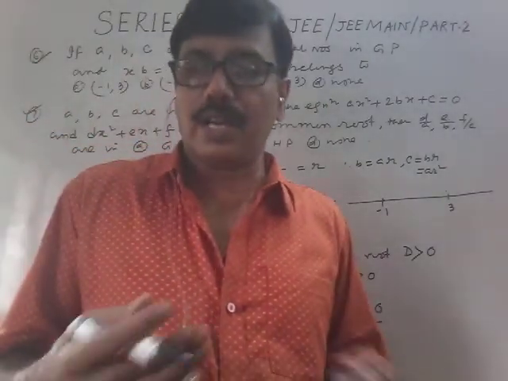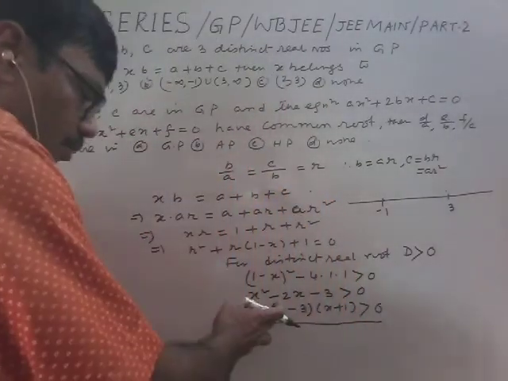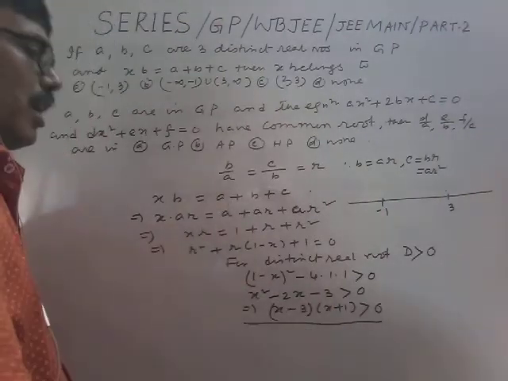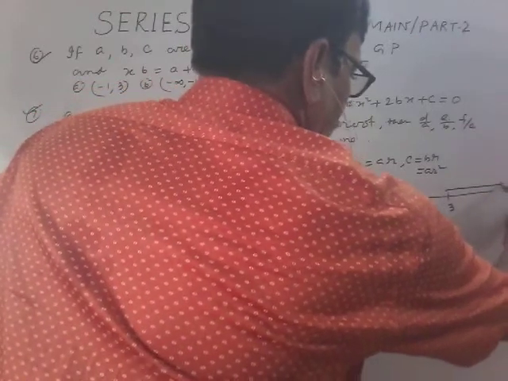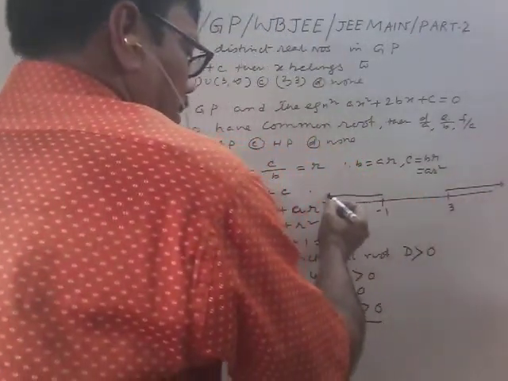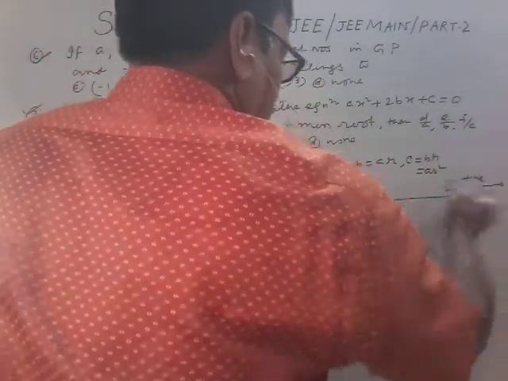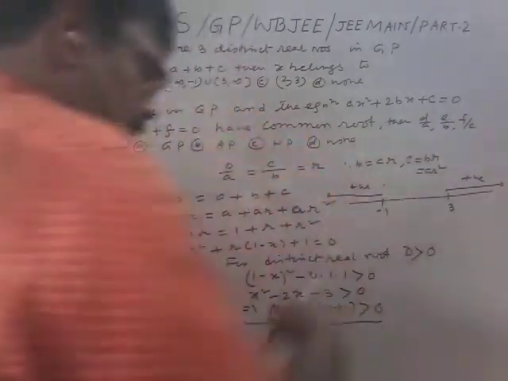So if it is a greater than inequation and in both outer cases the expression is positive, we know the value lies outside the interval. Here it is positive, here it is positive.